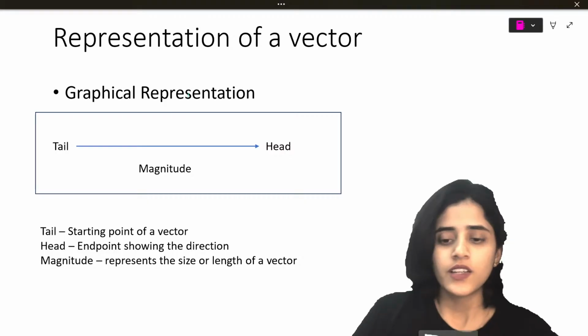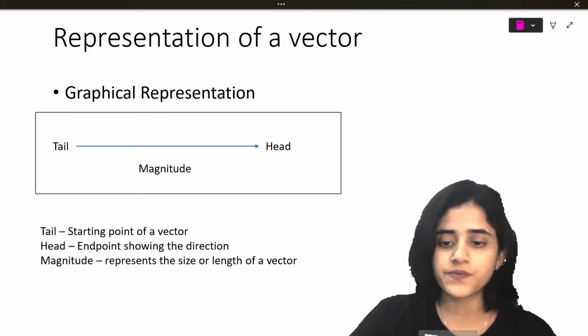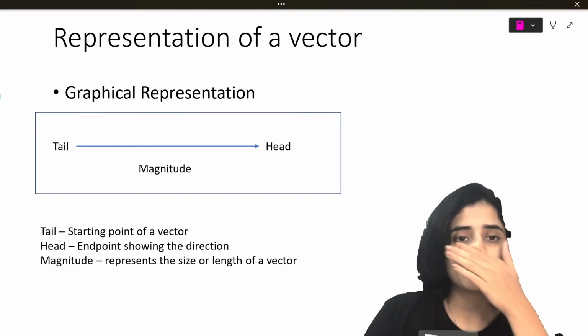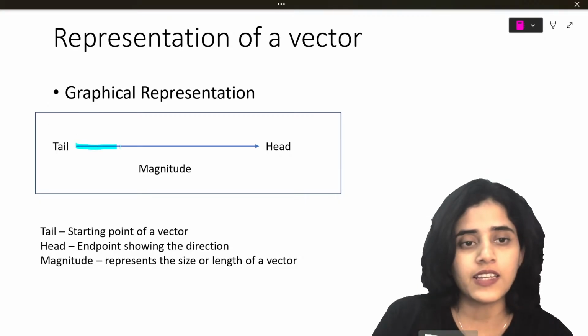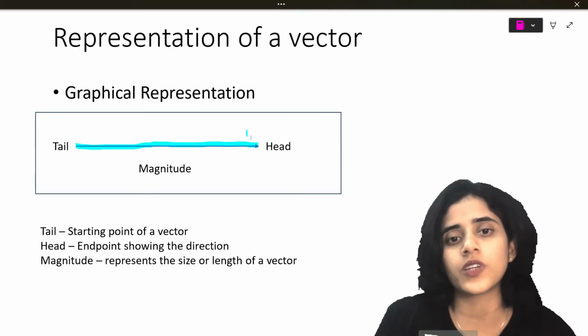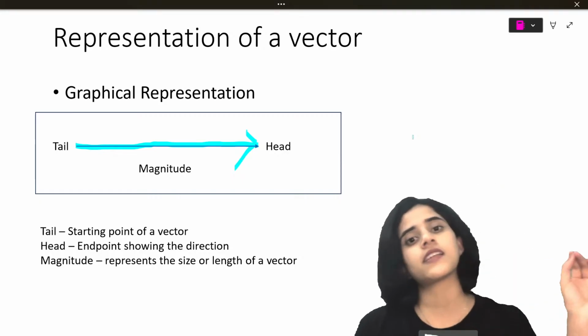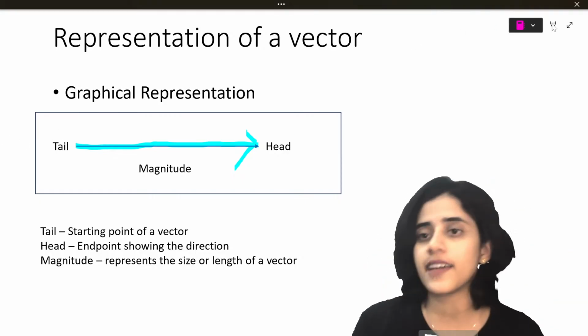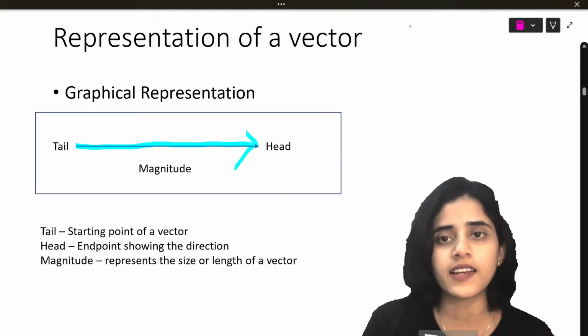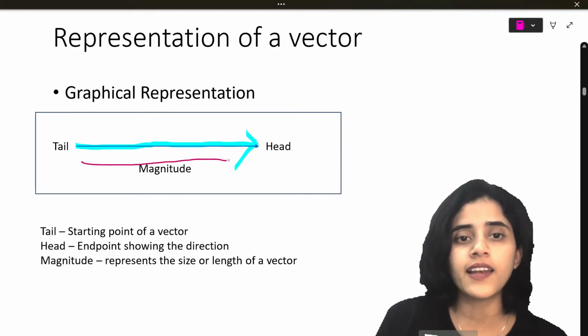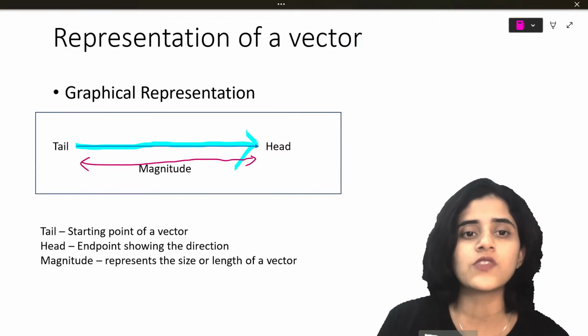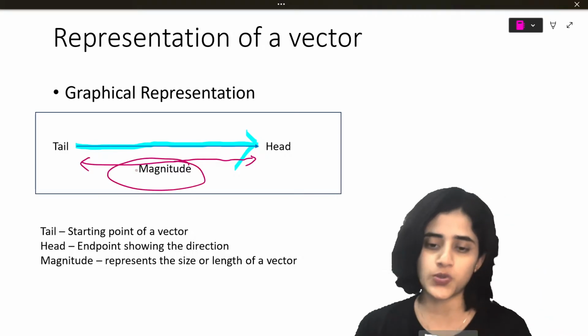Okay? So, how will we represent a vector? Let's say we represent a vector graphically as an arrow. It's going to be represented as an arrow with a tail and a head. Every arrow has a tail and a head. And the length of the arrow gives you the magnitude.